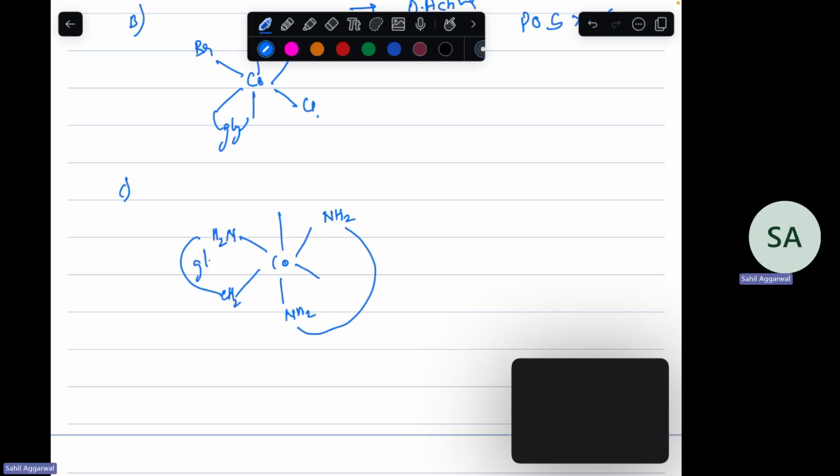This is glycinate, this is en. This will be a trans isomer. On what basis it will be trans?